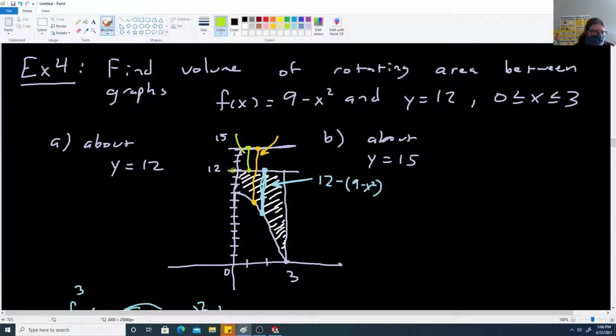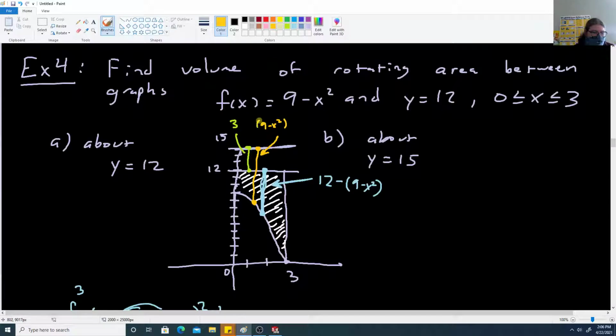The inner radius, the spacing between 12 and 15, is going to be 3 because 12 and 15 are spaced by 3 units. For the outer radius, it's going to be this 9 minus x squared.